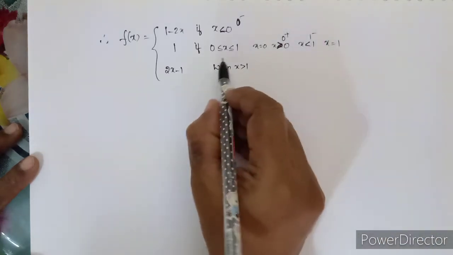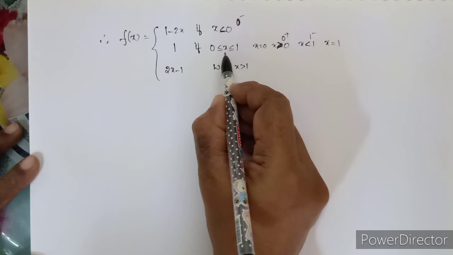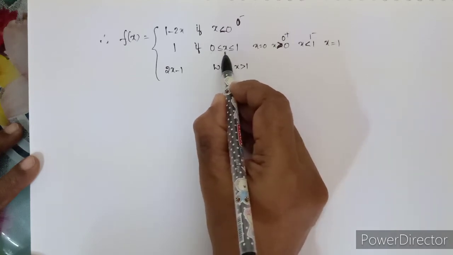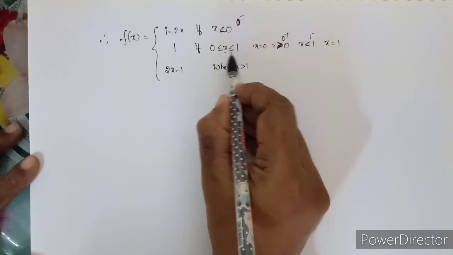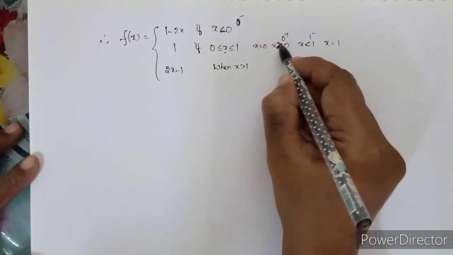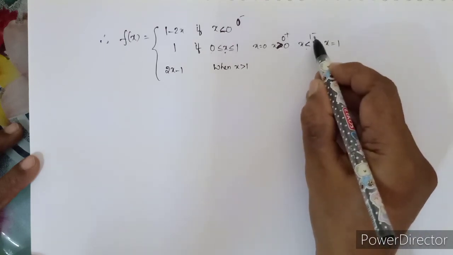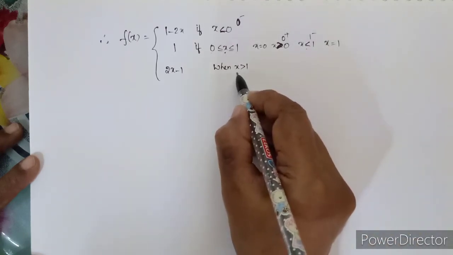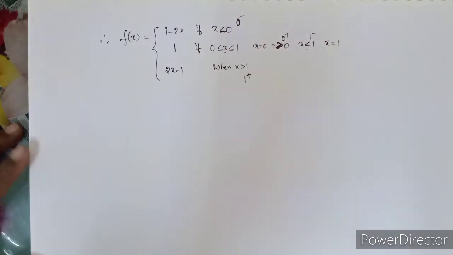Once again I repeat, x is equal to 0, x is greater than 0, x is less than 1, x is equal to 1. Greater than 0 means 0 plus, less than 1 means 1 minus. Here x is greater than 1, that means 1 plus.